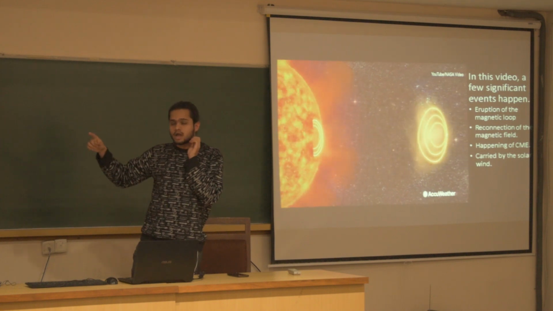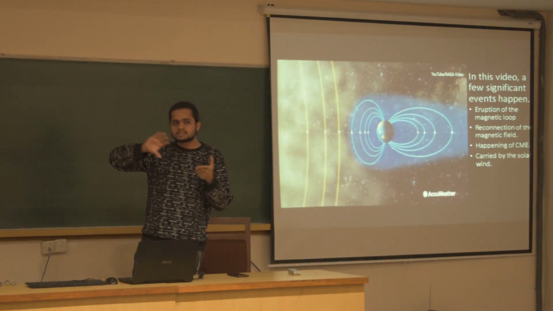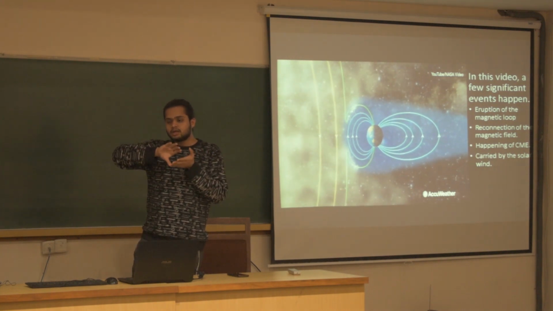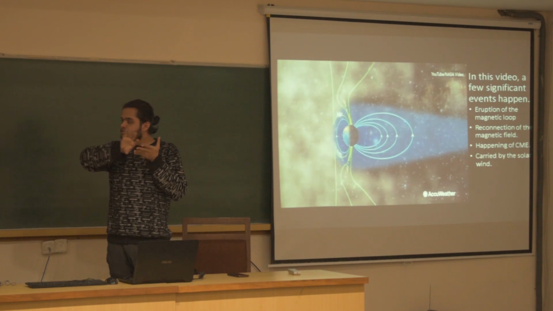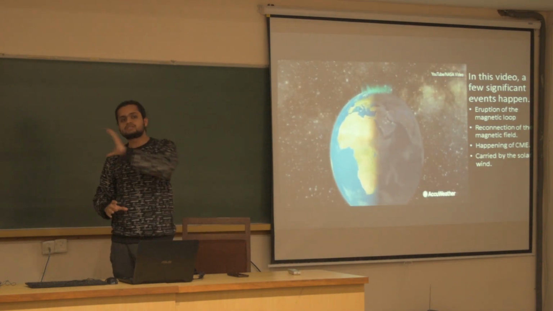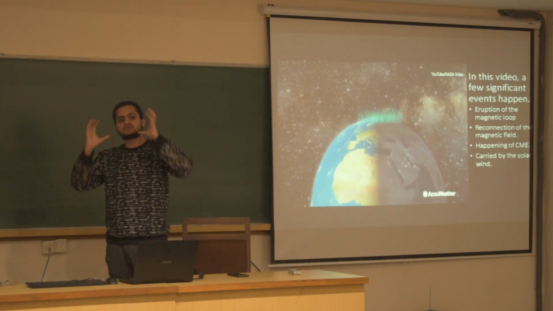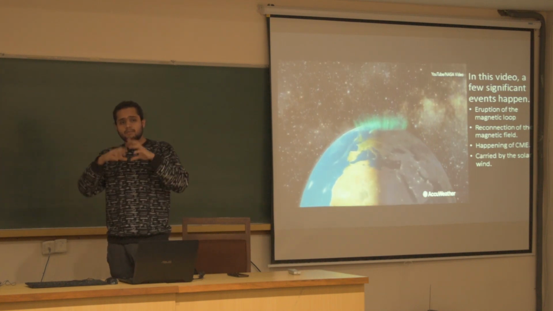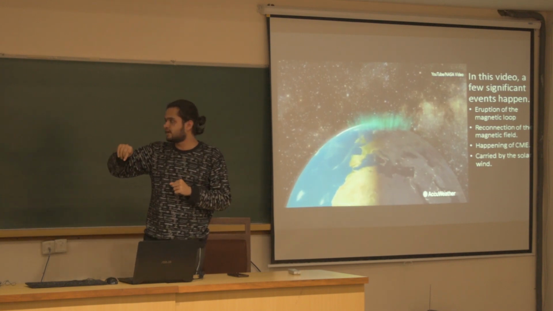I will demonstrate how a solar flare happens. As you can see, the solar flare gets detached from the sun, travels through solar winds and reaches Earth. When it reaches Earth, as I told you, the magnetosphere of the Earth protects us from basically all the emissions, and the northern and southern poles are mainly affected.